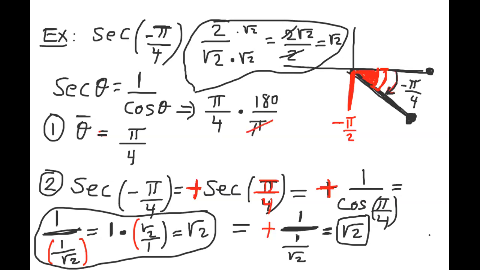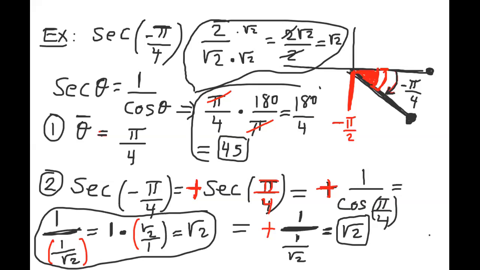So the pi with the pi is cancelled, and I get 180 over 4. And 180 over 4 is 45. Is it clear, Rashid? This is the conversion.